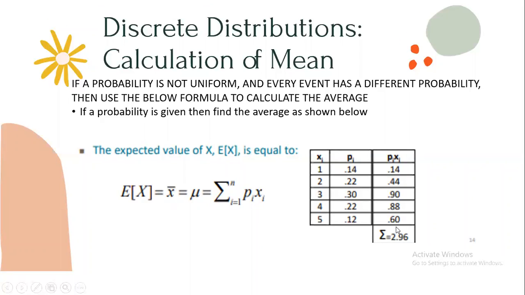And when you add all of these, that gives you 2.96. So the expected value given this information, which is the actual event and the probability of each event, if you are asked to calculate the expected value, will be 2.96, and you are expected to know how to do this.